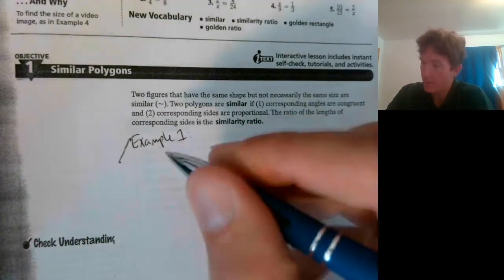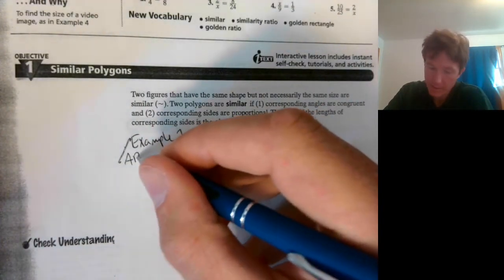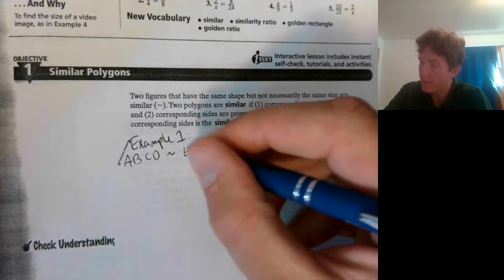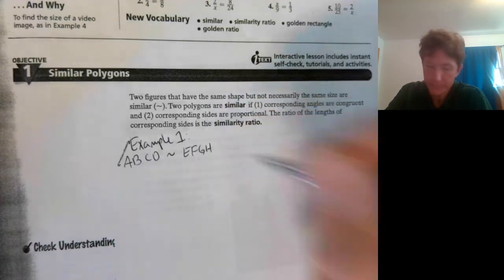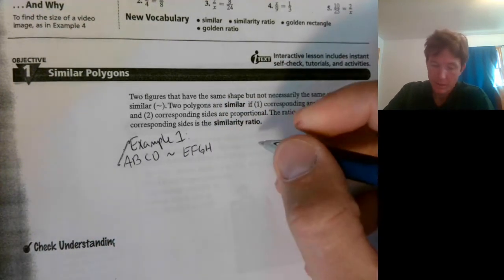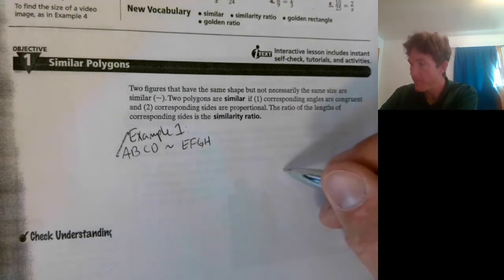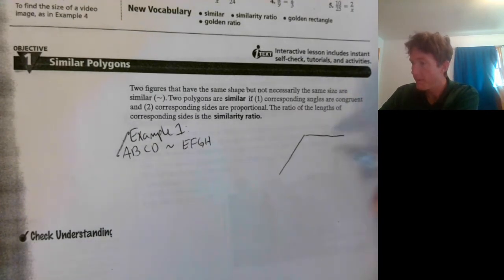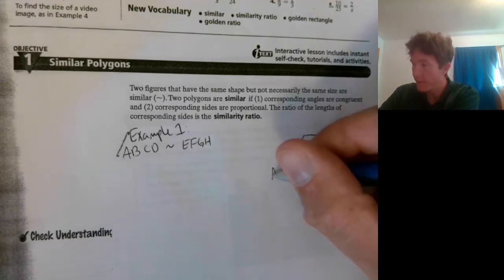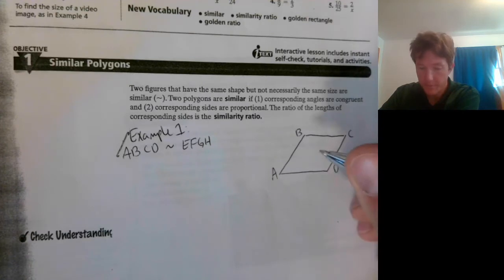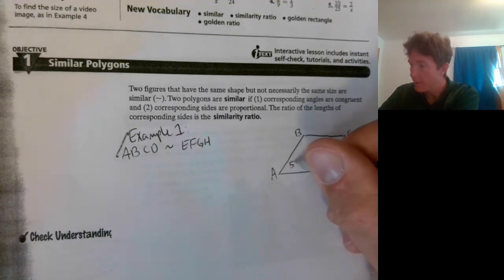We're going to draw a polygon here. ABCD is congruent to EFGH. Let's draw this polygon. There's 2 here. Our first one, A, B, C, D, at 53 degrees.